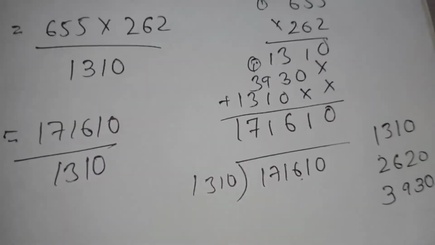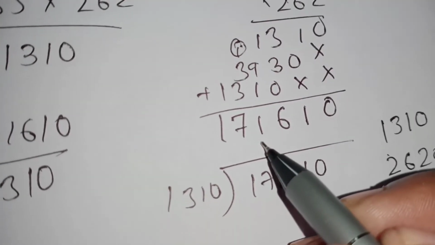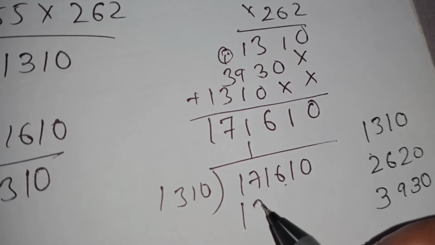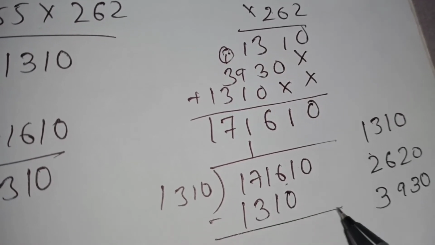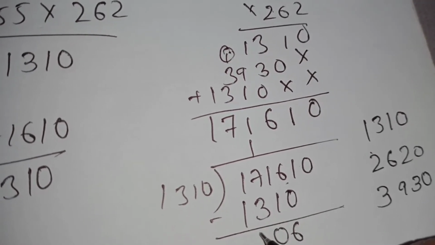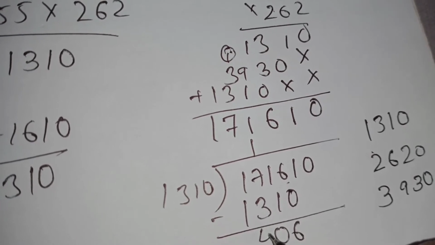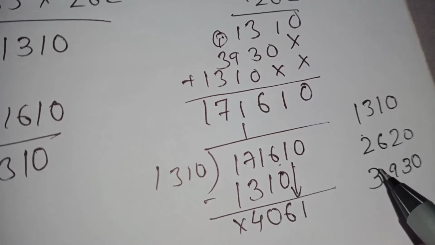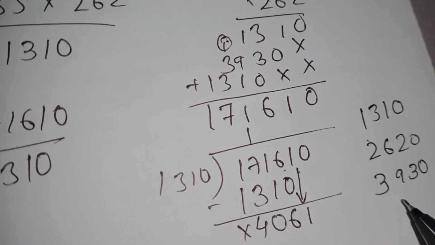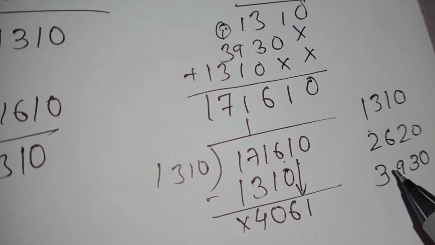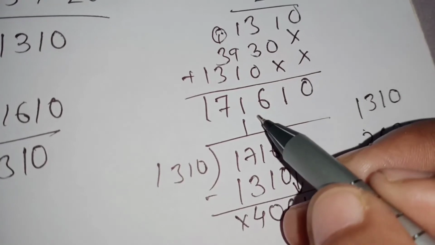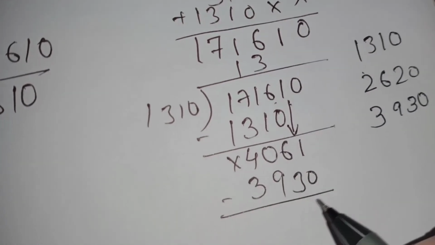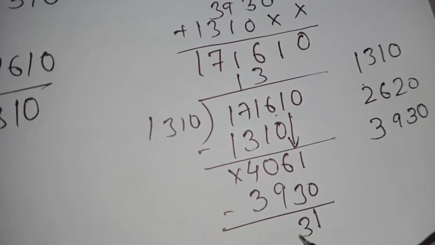Now let us see. 1 we will write, because if we write more it will come more, so less will be this only. 7 minus 3 is 4, 0. Bring this 1 down. If I write more after this, it will not come, so less we can write 3, 3930. 6 minus 3 is 3.